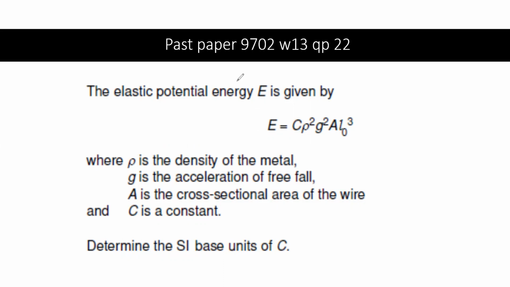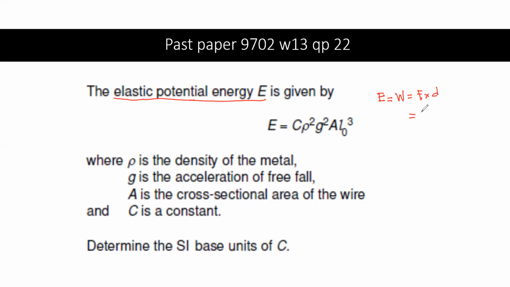All right, let's analyze one by one. The elastic potential energy is E. Elastic potential energy has the same unit as any other energy. You can use the simple formula: energy can be work done, force times distance.